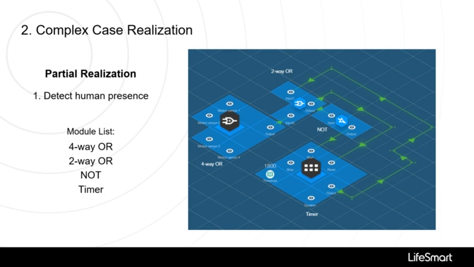The modules that will be included in this AI are the four-way OR, which is used to collect data from 4 motion sensors, if we assume that the living room has 4 motion sensors, and we will need a two-way OR to connect the output of the four-way OR and also the output of the timer, so that it can realize automated control and refresh status.